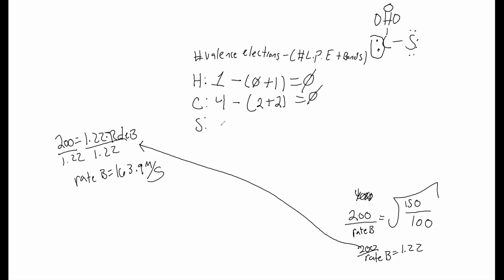Sulfur comes with 6 valence electrons, minus 6 lone pair electrons, and 1 bond, plus 1. So the formal charge of this sulfur is minus 1. That's the answer: 0, 0, minus 1.